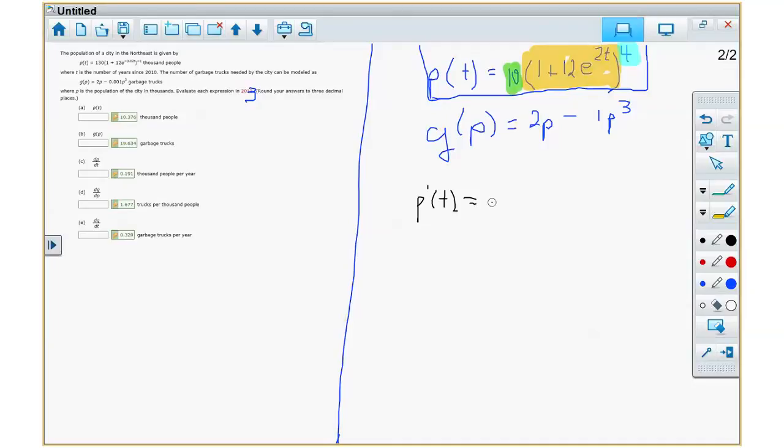And that's going to be equal to, here we go, 4 comes out front, times 10, times what comes down, which is a mess, 12e to the 2t.